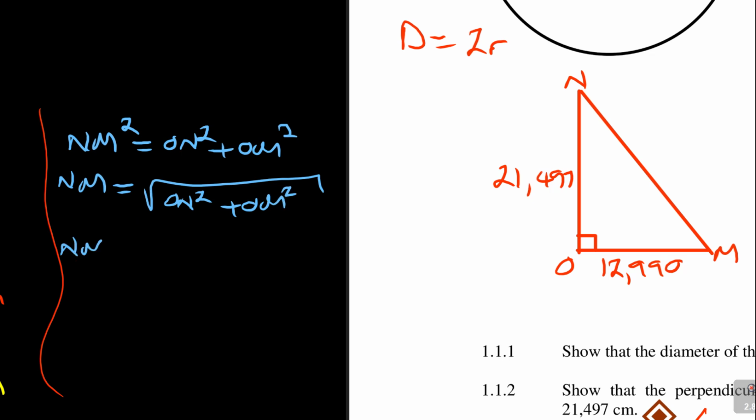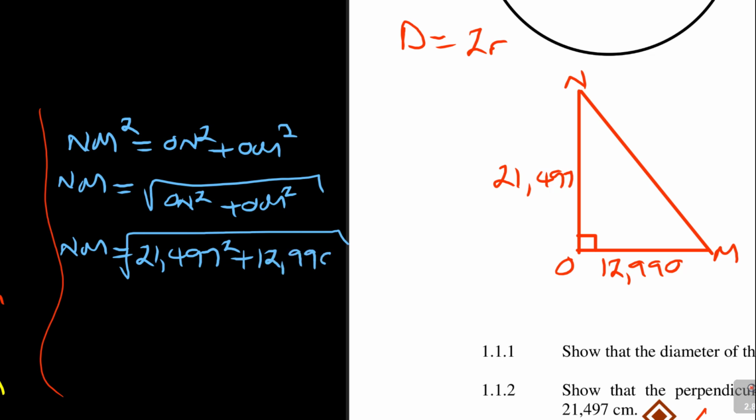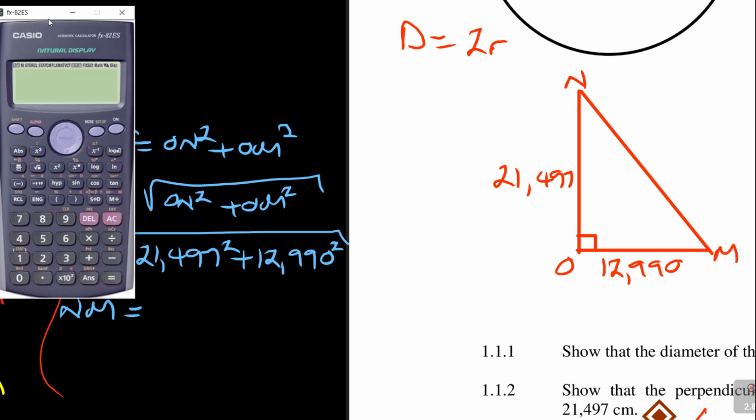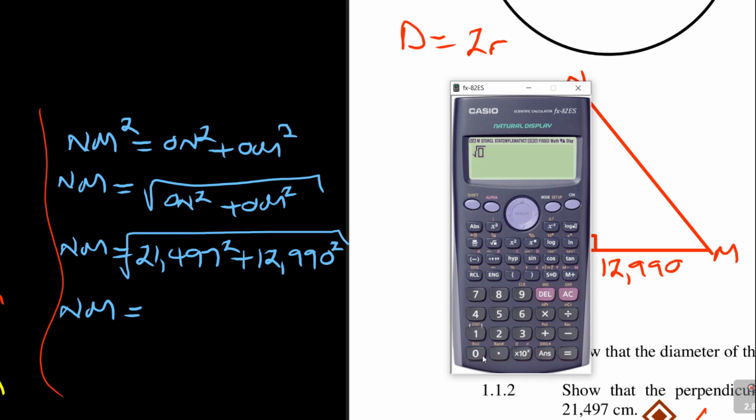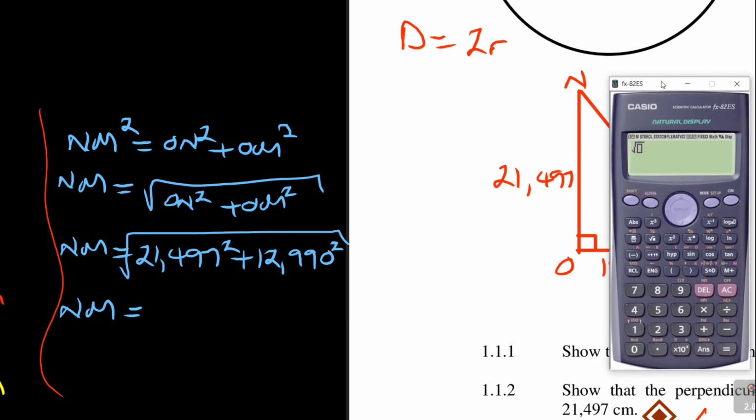So NM is equal to the square root of 21,497 squared plus 12,990 squared, and then you can find your NM.